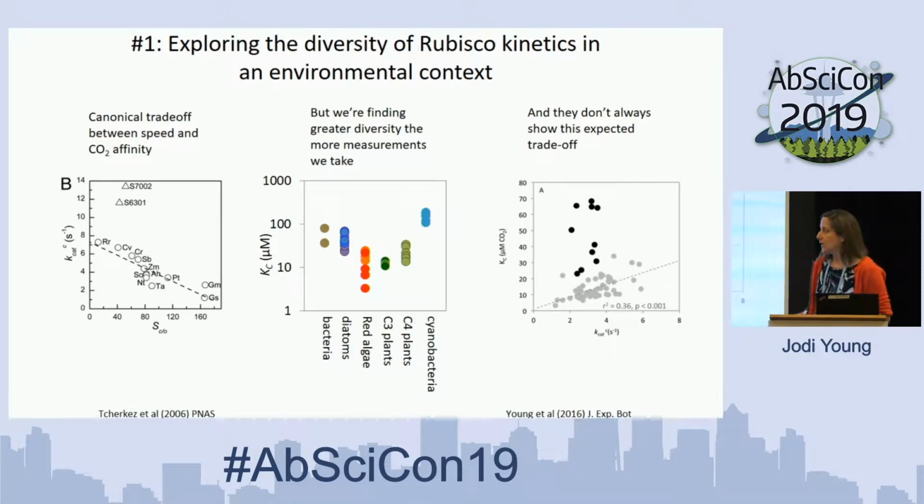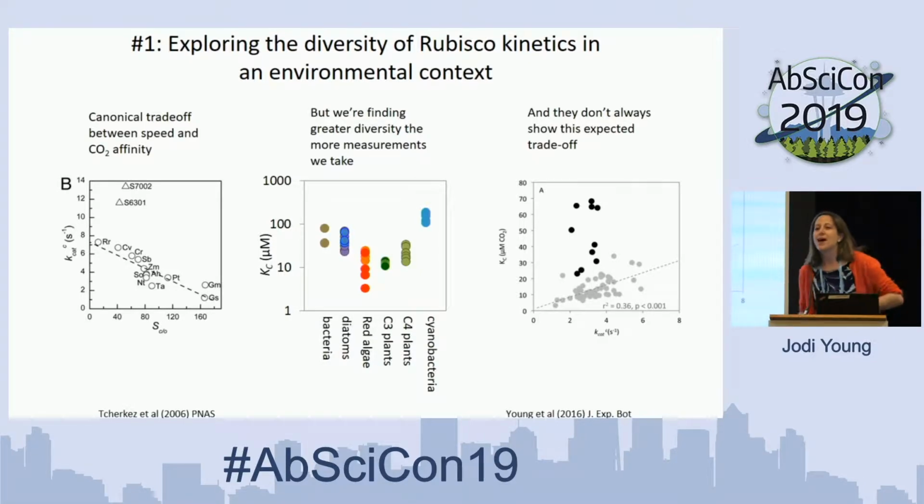What I'm showing you on the left-hand panel here is the speed of carboxylation, which is the kcat, against its specificity for CO2 over oxygen. You can see they generally fall across this line: the faster you can fix carbon, the less specific you are for CO2. Now the problem is most of this data is based on plants, because that's what people study. It's really easy to go out and grab a plant. These two outliers are cyanobacteria.